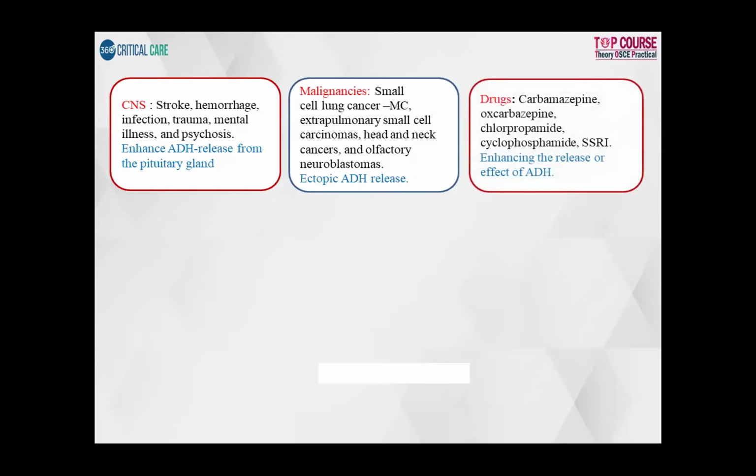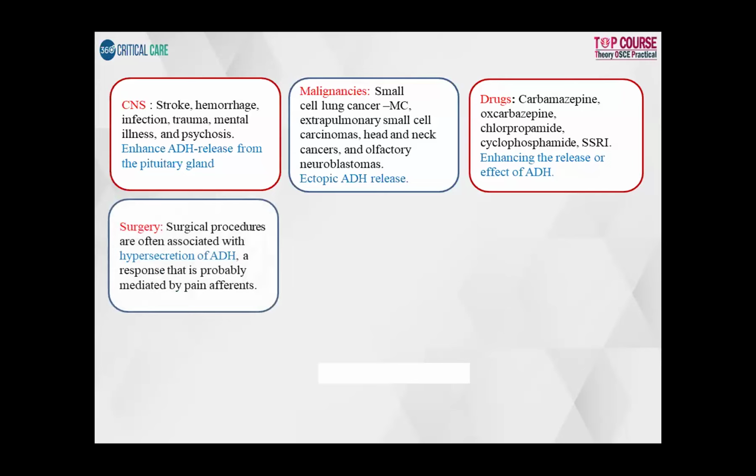Third would be some drugs which may cause SIADH. The commonest include carbamazepine, oxcarbazepine, chlorpropamide, cyclophosphamide, and SSRIs. These drugs may lead to increased release of ADH, or an increased effect of ADH on the cells or on the receptors.